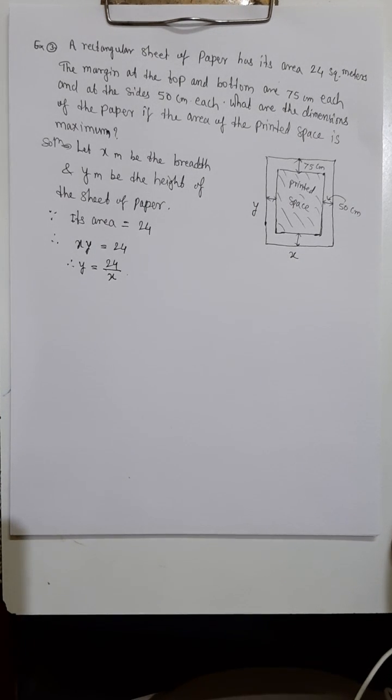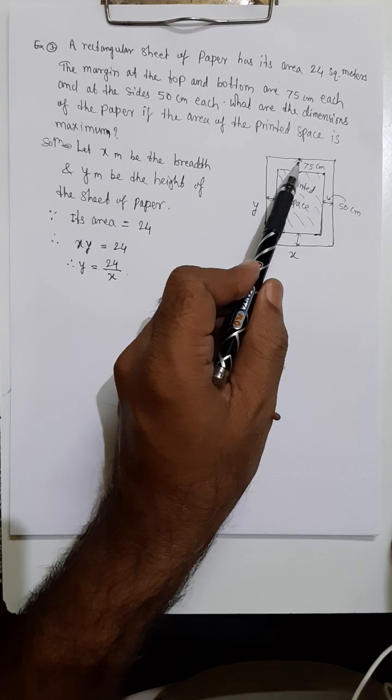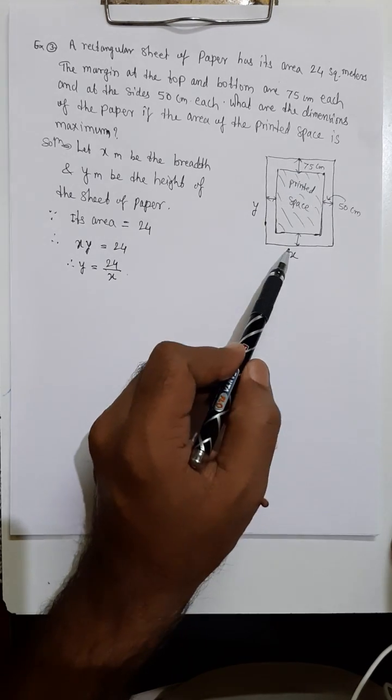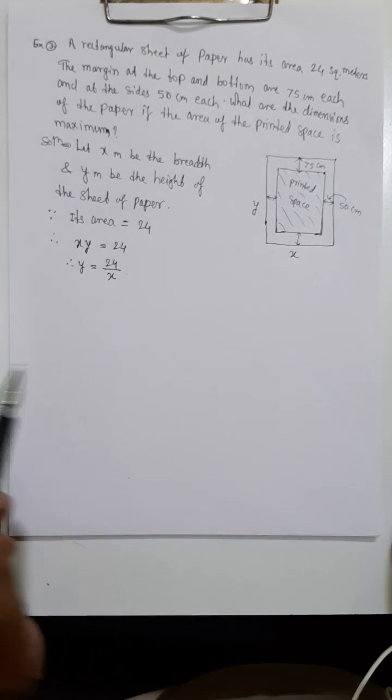Then we have to find the dimensions of the sheet of paper. So first we find, after leaving margin at the top and bottom, given that 75 centimeter, and at the sides margin is 50 centimeter at both. Okay.